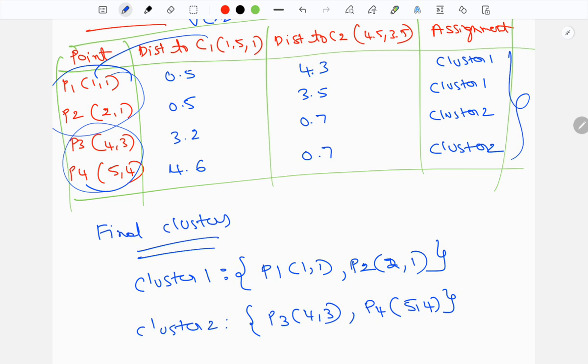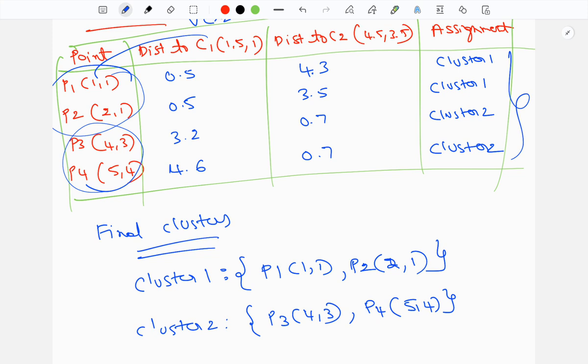Okay, so in this way we have to group the data points into particular cluster by using k-means clustering. So the key points are: you have to find out the Euclidean distance and you assign it. Then second point is finding out the average, so that you find out the new centroid.